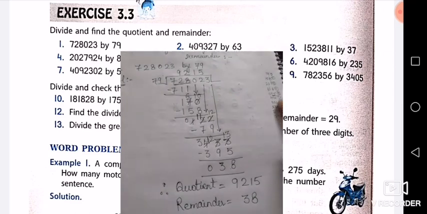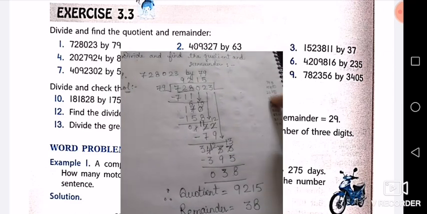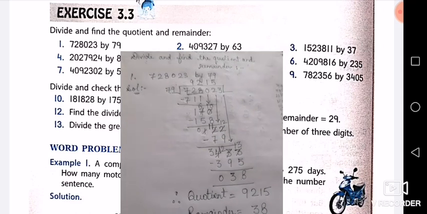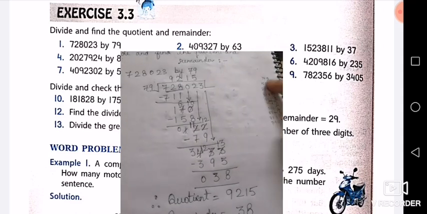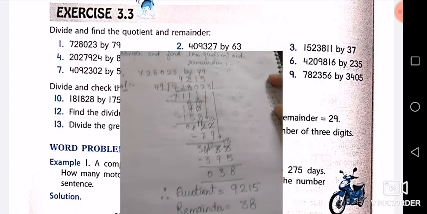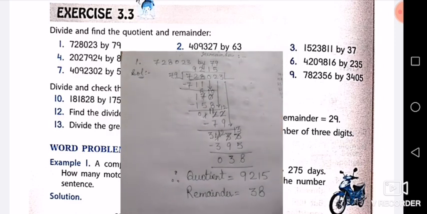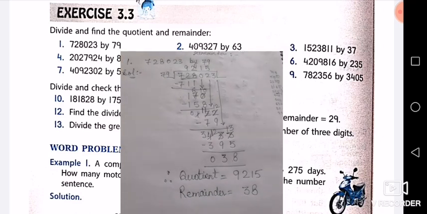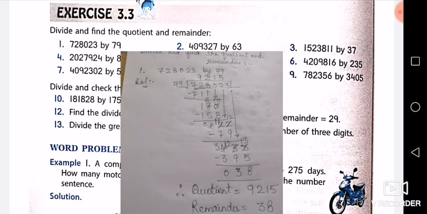This you can write with pencil, and after completing the question, you can erase it. Fine. Here also I have written it with pencil, and after completing the question I am going to erase it. So in this way you can do the question easily. It will hardly take 30 seconds. Fine.